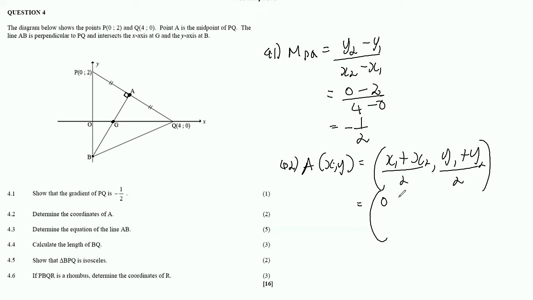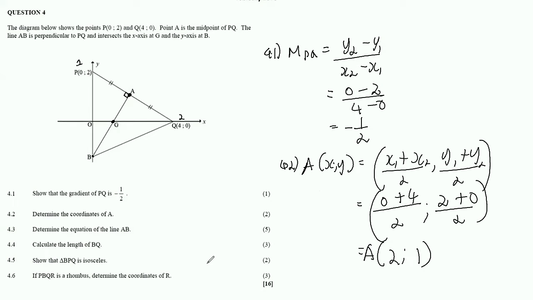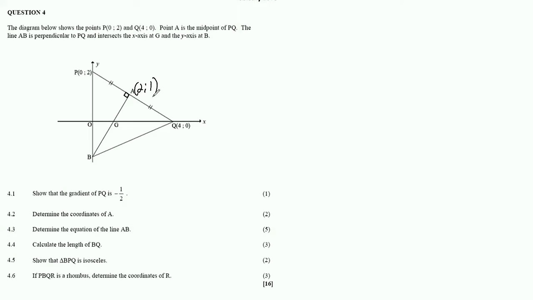We now have 0 plus 4 divided by 2, using these as the first coordinate and these as the second, then 2 plus 0 over 2. 4 divided by 2 is equal to 2, and 2 divided by 2 is equal to 1. So the coordinates for A are (2; 1). Just like that, we found that. Let's keep that.